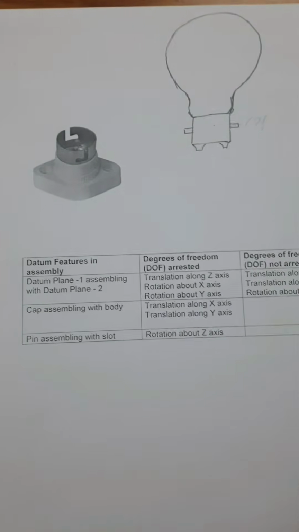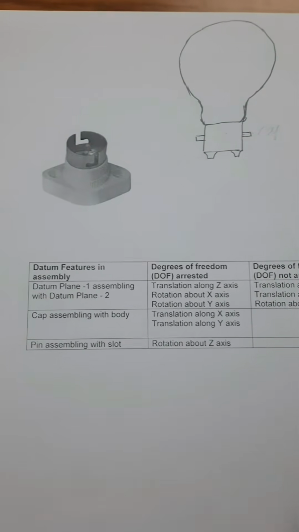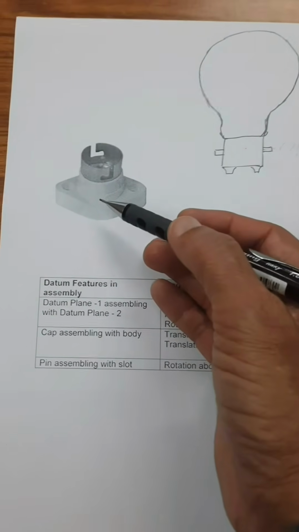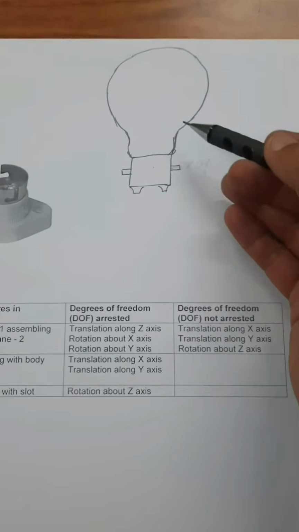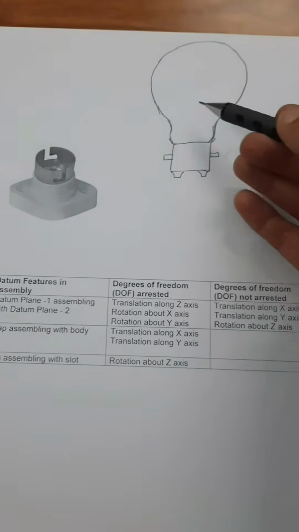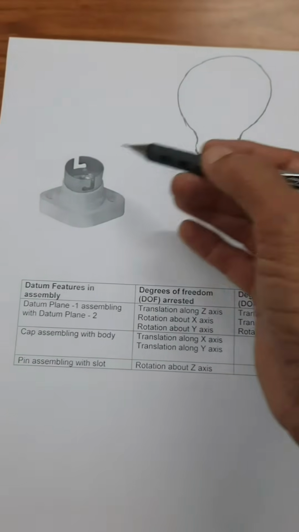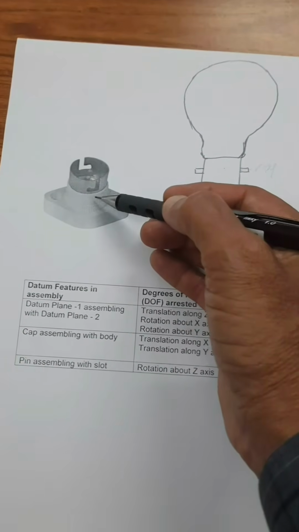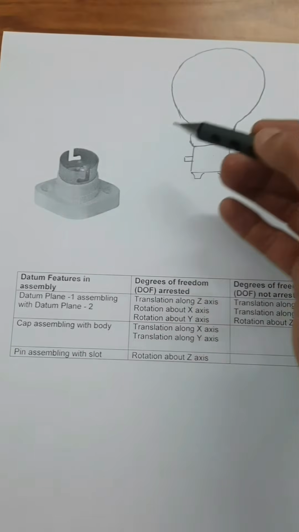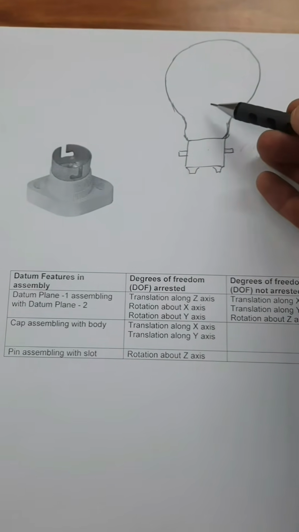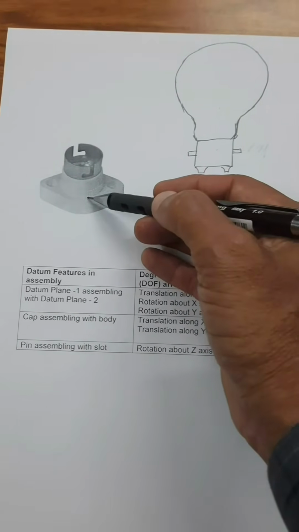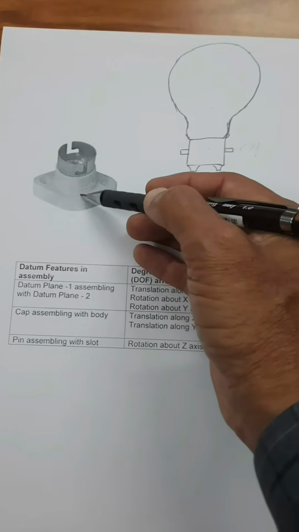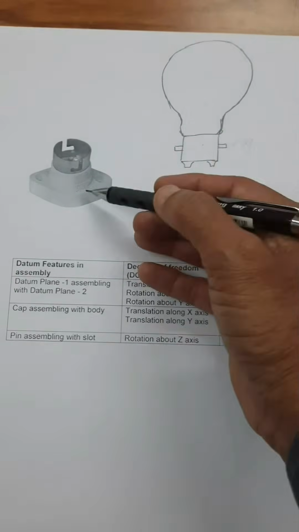Let us discuss one more example. This is the electrical bulb holder. This is the electrical bulb. When this electrical bulb is mounted over the holder, all the 6 DOF of the bulb with reference to the bulb holder have to be arrested for the proper functioning of this assembly.